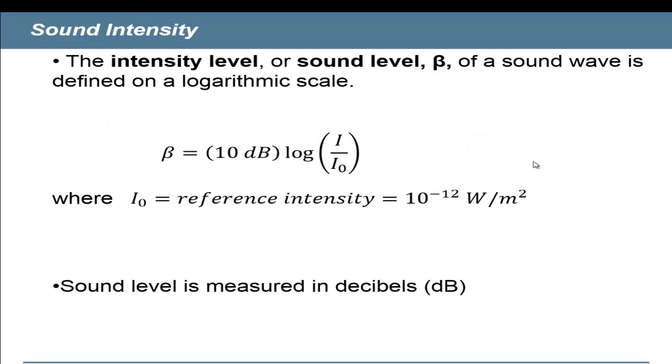So when we define the sound level or intensity level, which we'll use the variable beta for, it's defined on a logarithmic scale. So beta is equal to 10 dB. dB is decibels, so it's 10 decibels times the log, and this is the base 10 log, not the natural log, of whatever intensity we have for our sound over our reference intensity.